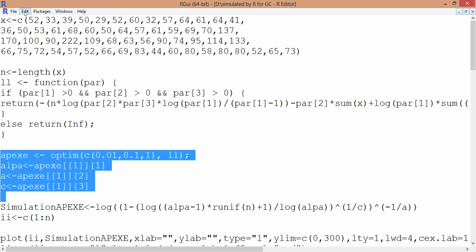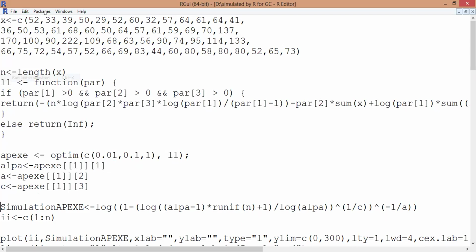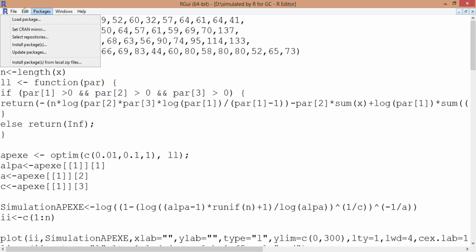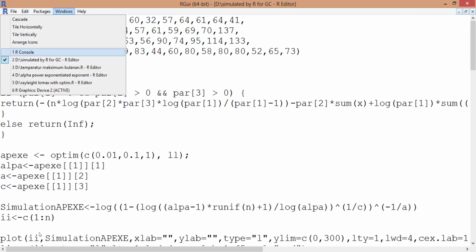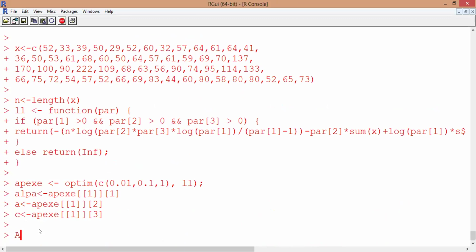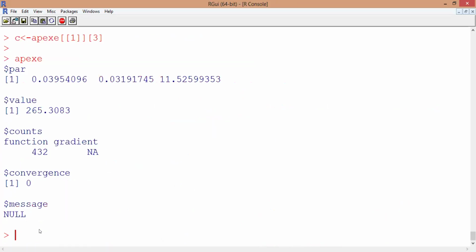Edit, run, and selection. We come to the console and we check the parameter, APXE. This is parameter 1, parameter 2, and parameter 3, of course. And then our program succeeded in converging.